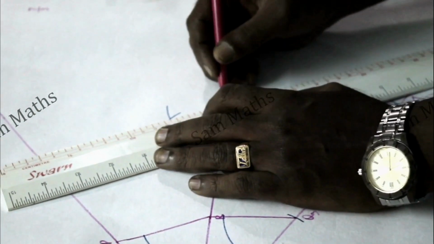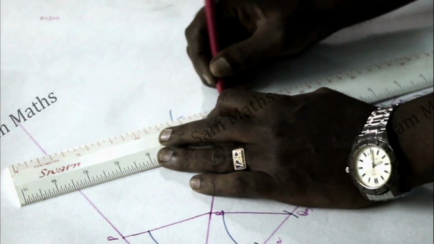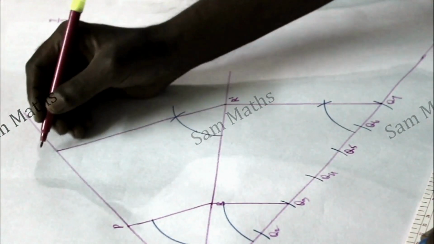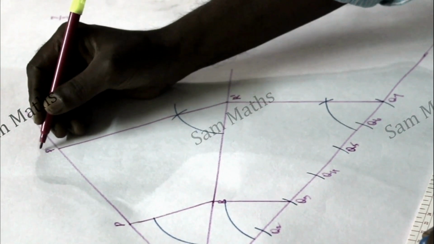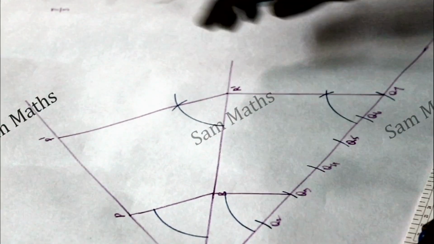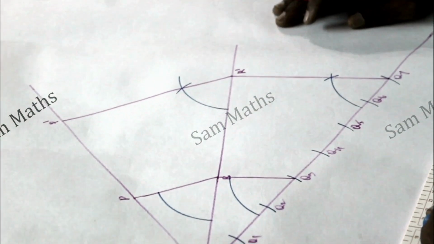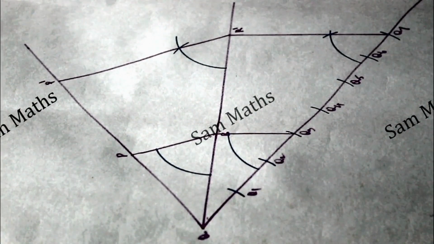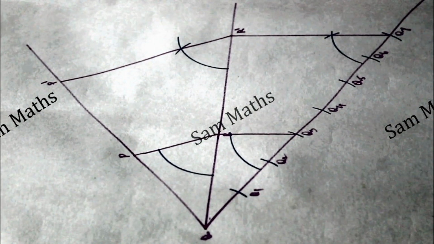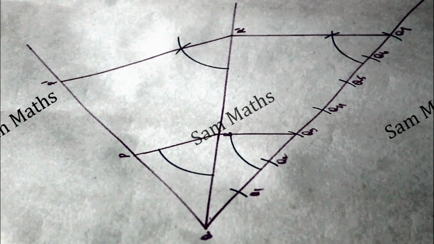Therefore, we are getting next line R dash P dash. So the point of intersection we are assuming as P dash. Now it's very clear that triangle P dash Q R dash is the required triangle.